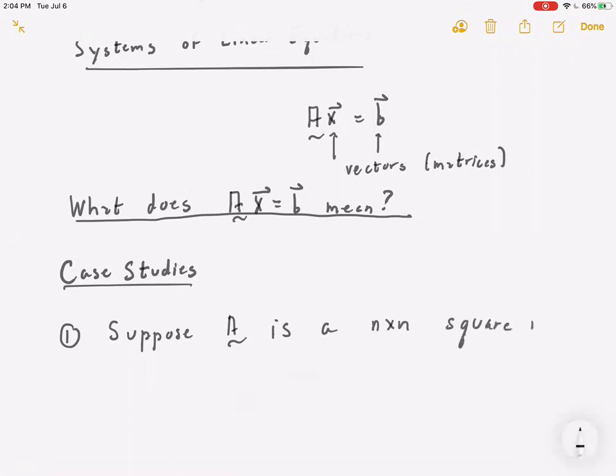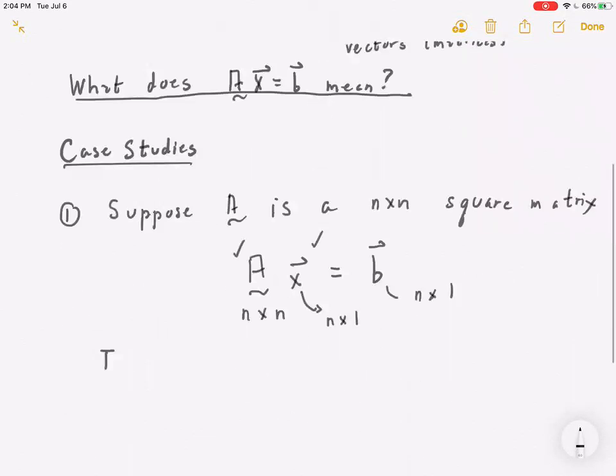That's the first case we looked at. This means that our matrix A has n rows and n columns. My vector of unknowns x has to have n rows and 1 column. If I multiply those two together, matrix vector multiplication gives me another vector that has n rows and 1 column.